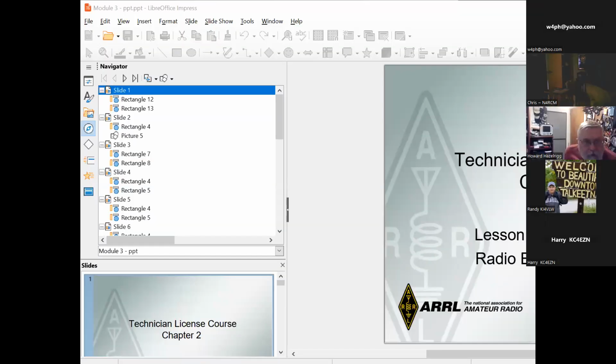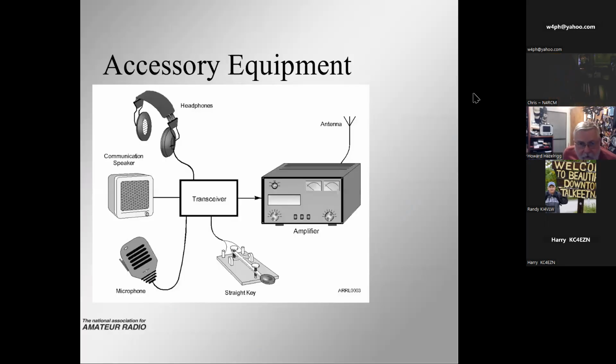Okay. Time I turn around. Accessory equipment.